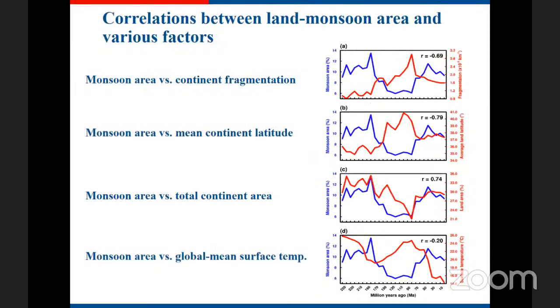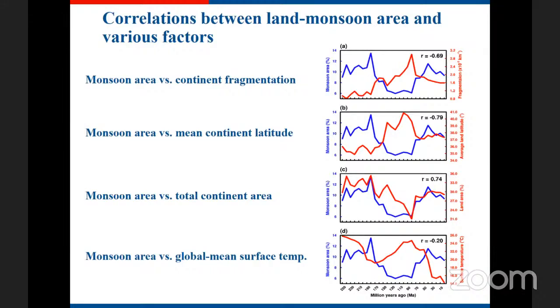Okay, I already showed you how the regional monsoon and the global monsoon evolved with the continental evolution. Here, we wanted to further quantify how the continents impact the monsoon regions and the precipitation. Here we use 4 parameters.